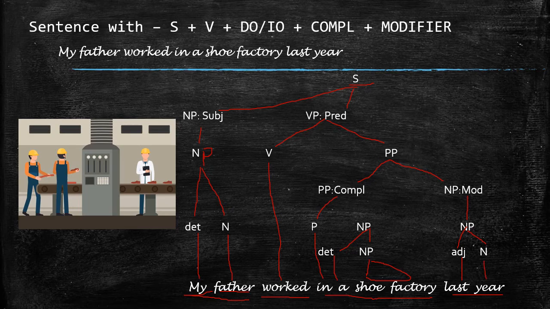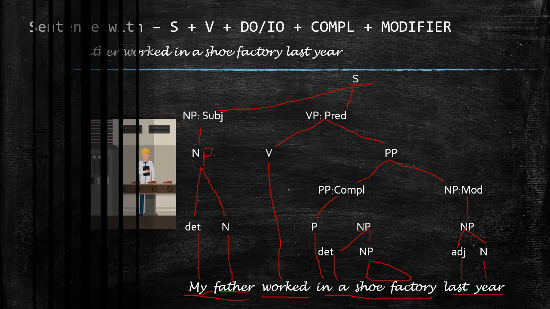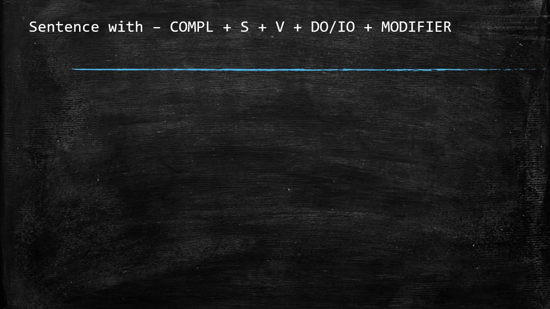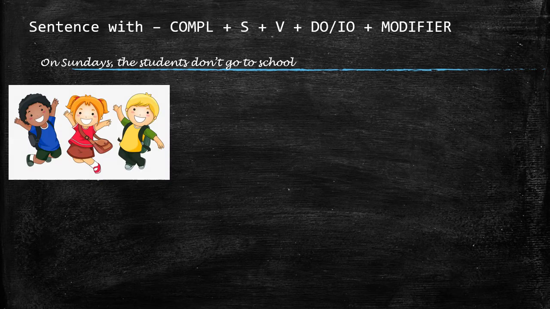Okay, is it understood? Clear enough? A complement can appear at the beginning of a sentence, for example like this: "On Sundays the students don't go to school." So they are happy on Sundays because they don't go to school. Okay, in here we have the complement. You have to rewrite first.